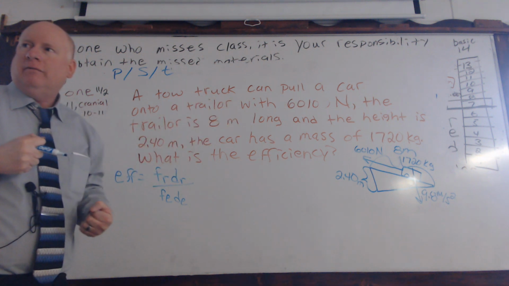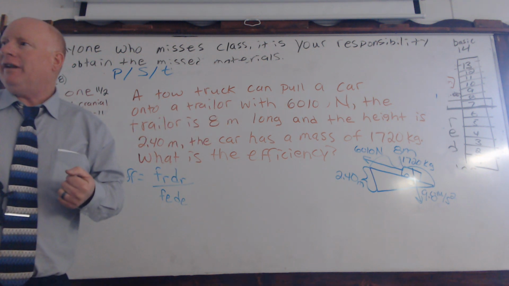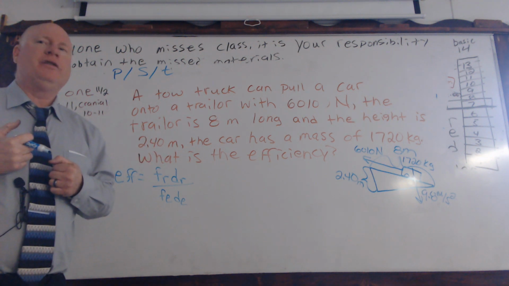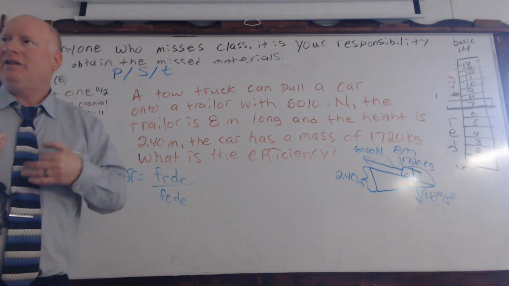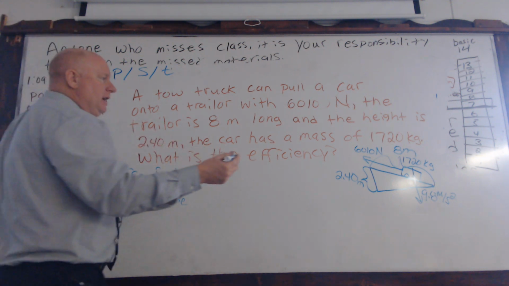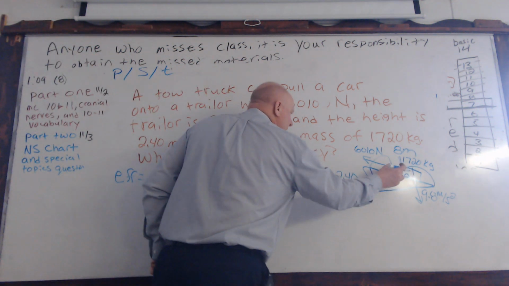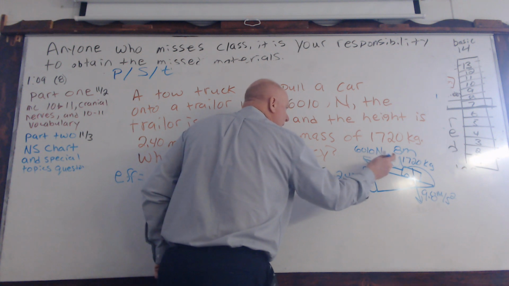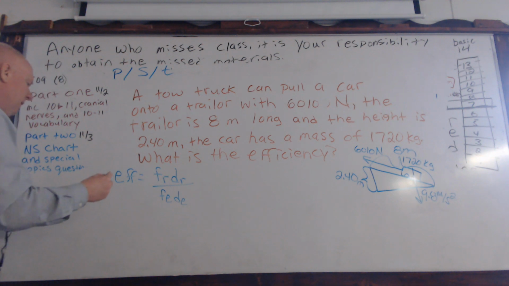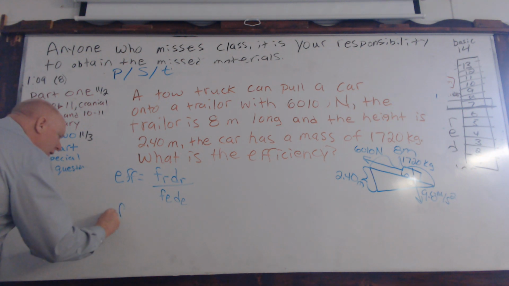We place effort into a lot of things, like lifting weights, doing well in sports, doing well in school. We're always putting effort into things, and that's what we see happening here. You have 6,010 newtons of effort force pulling that vehicle on there. So here are our variables.